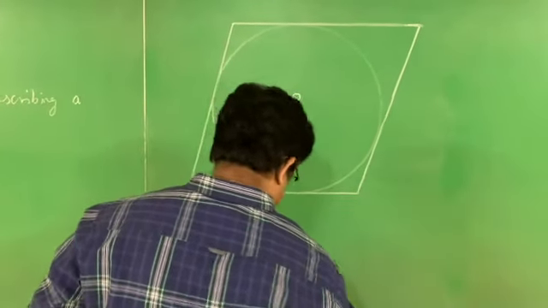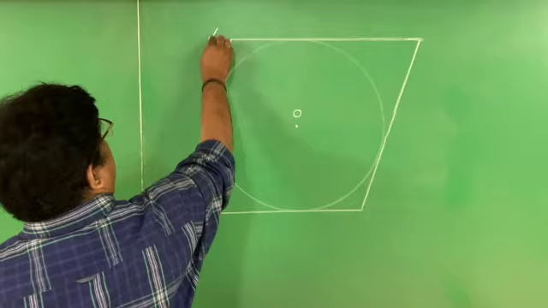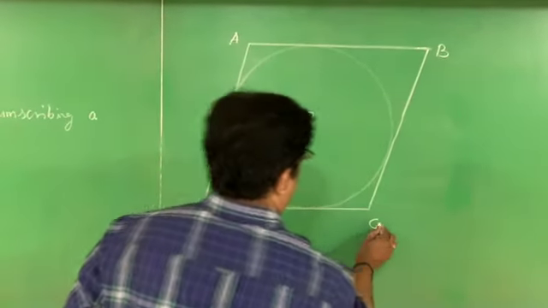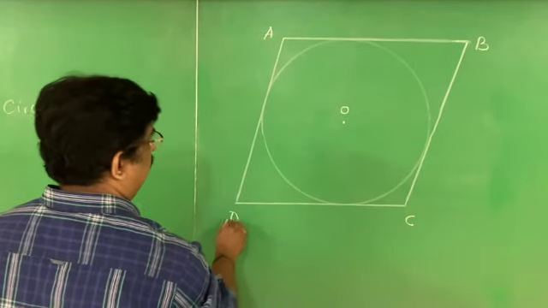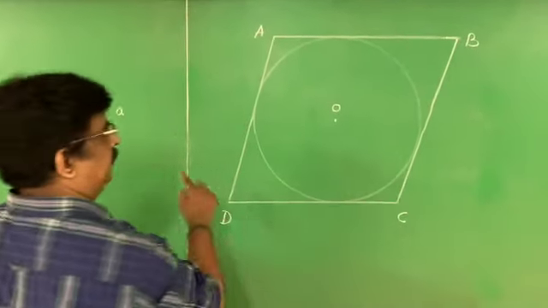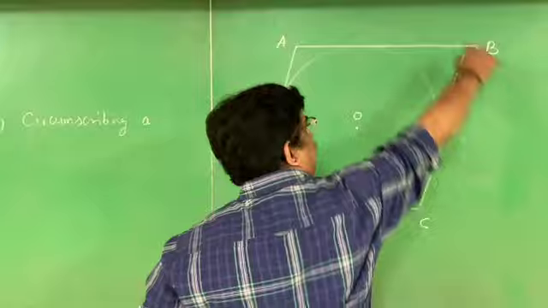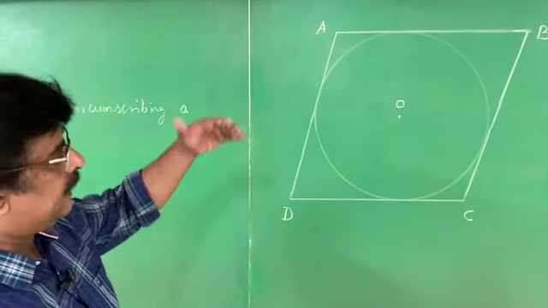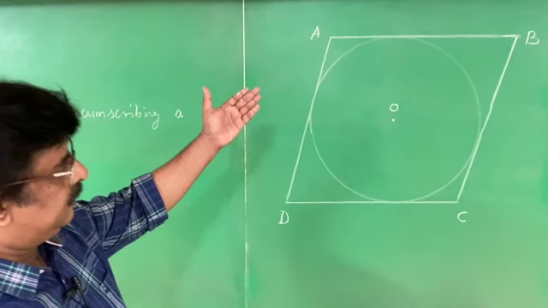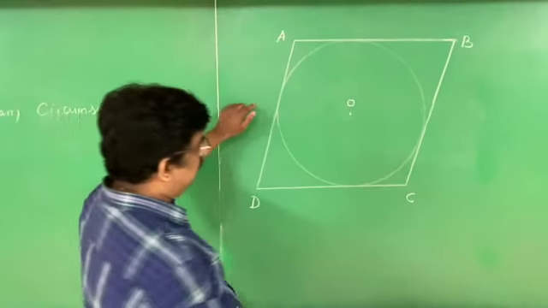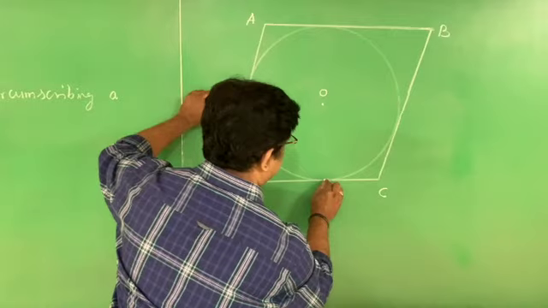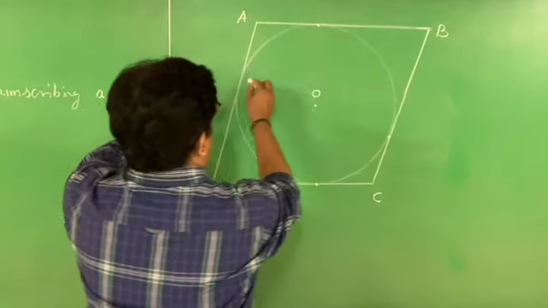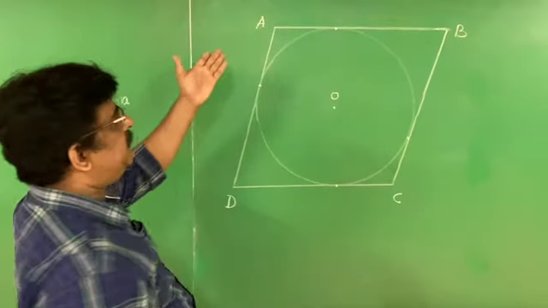Now I name this parallelogram as ABCD. Always while writing the names, you have to write in cyclic order: A, B, C, D like this. Now, the sides of the parallelogram are touching the circle, and I mark the points of contact, because each side of the parallelogram becomes a tangent to the circle.